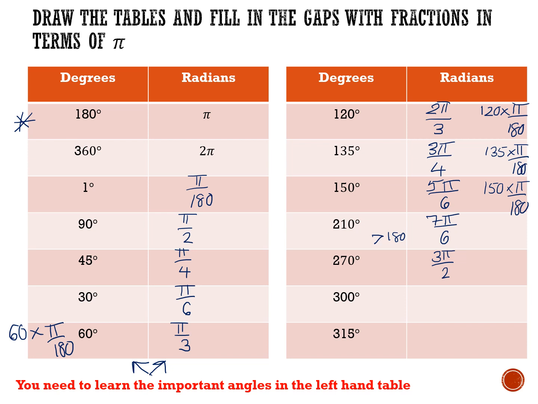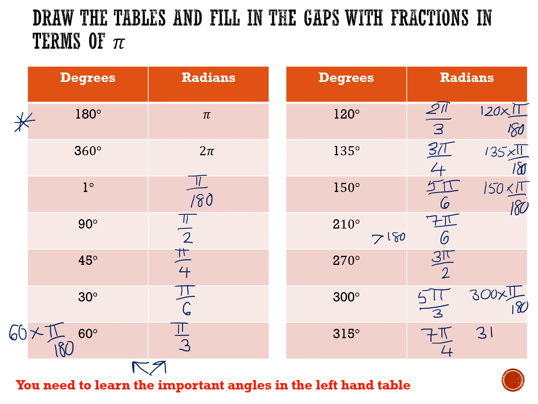300, okay, well that's 5 lots of 60, so that's going to give you 5 pi by 3. But if you don't remember, 300 times pi over 180 will get you exactly the same answer. And 315, well that's 7 lots of 45, so that's 7 pi by 4.